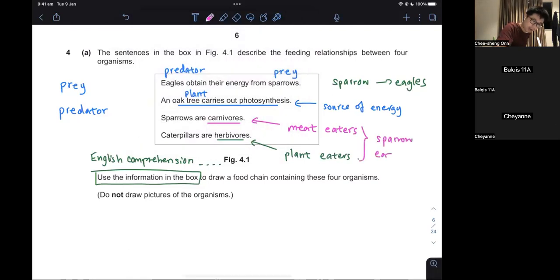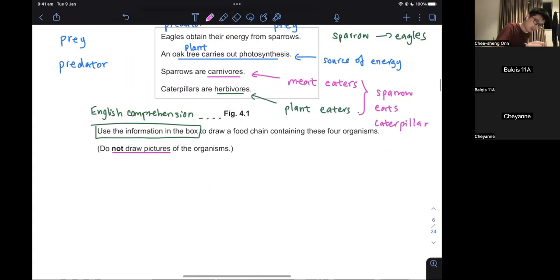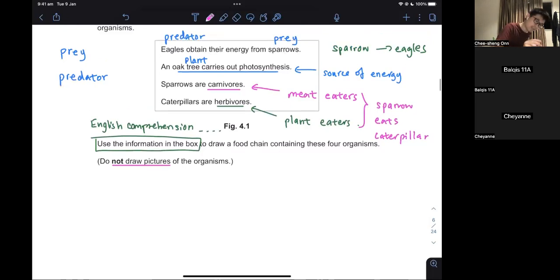Now, you can process this in your head, but I'm just writing it out so that we can see what's going on. Do not draw pictures. This is 3 marks. So we have to use arrows. Do you normally draw food chains using arrows left to right, or going up? Left to right. Okay, cool. So what do we start from here?